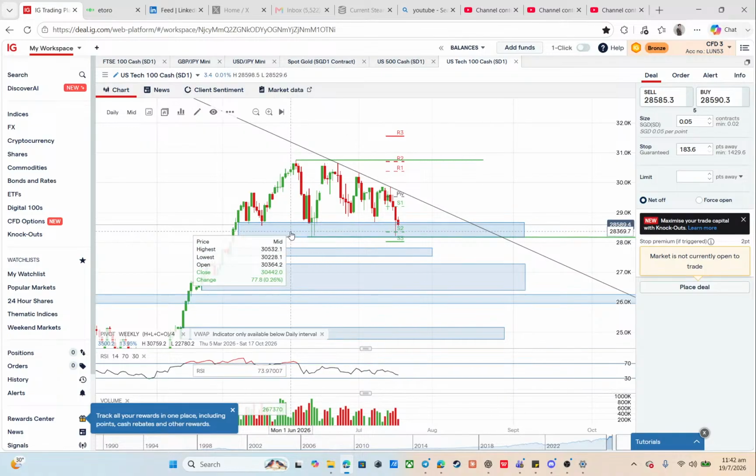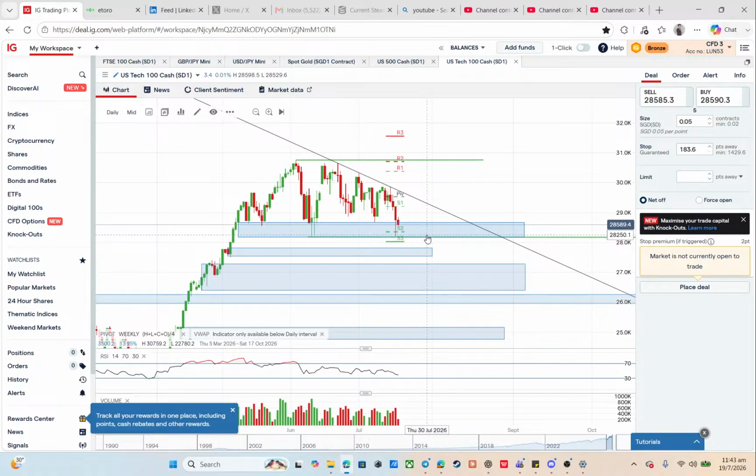How to identify the buy zone is very simple. You look at this red bar, this red bar, this red bar. Whenever the red bar comes to this range, the buyers step in. This is what I call buyers' interest.